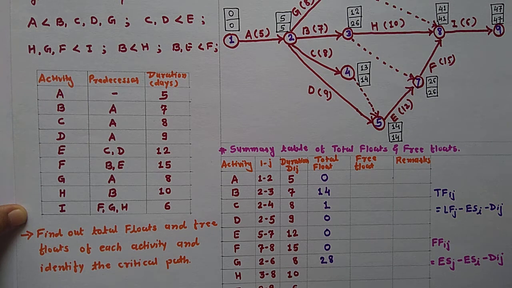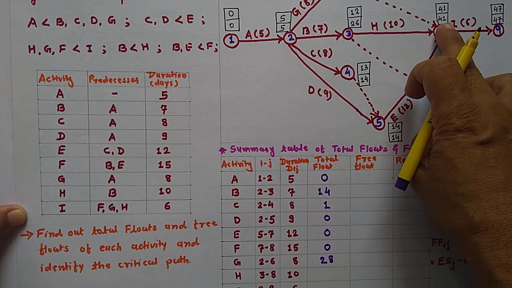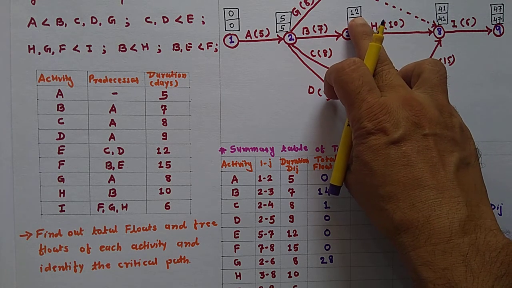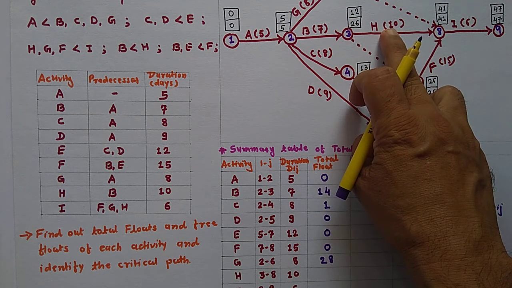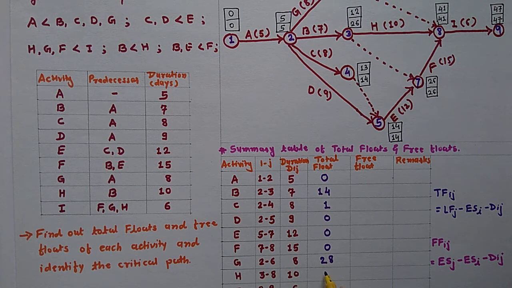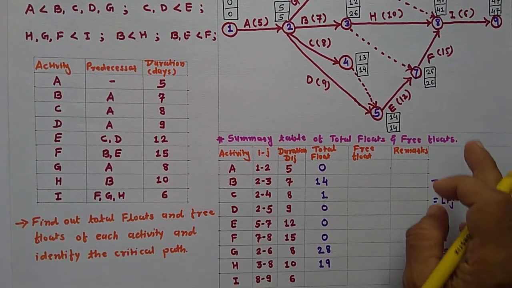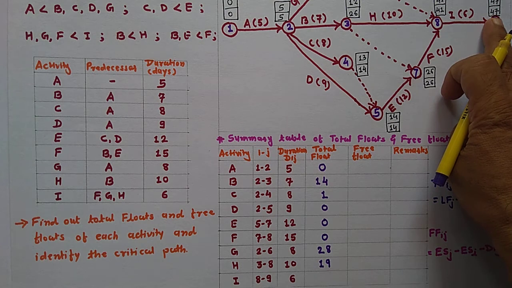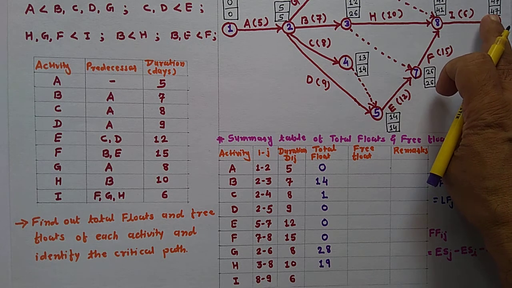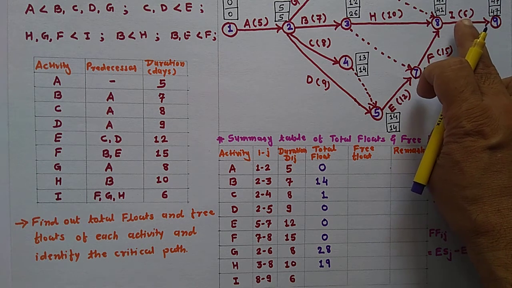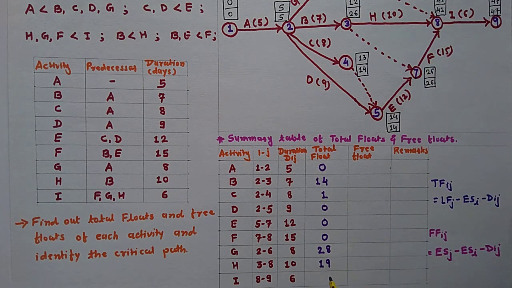Now H: 41 minus 12 is 29, 29 minus duration 10 is equal to 19. So total float is 19. And I: 47 minus 41 is 6, minus duration 6 is equal to 0.